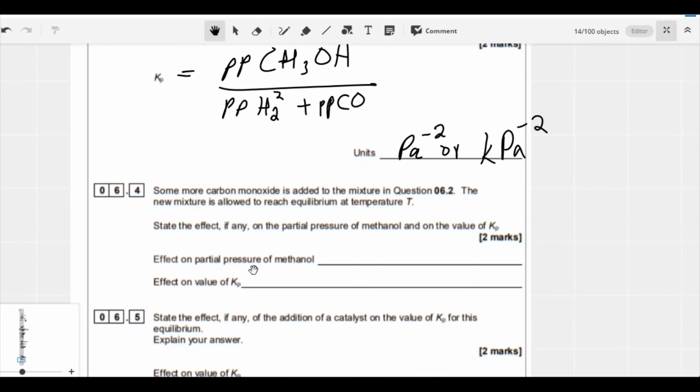As you know, when carbon monoxide is added to the mixture, the partial pressure of the methanol will increase. While what is the effect on the Kp? Kp is a constant, so there will be no effect.